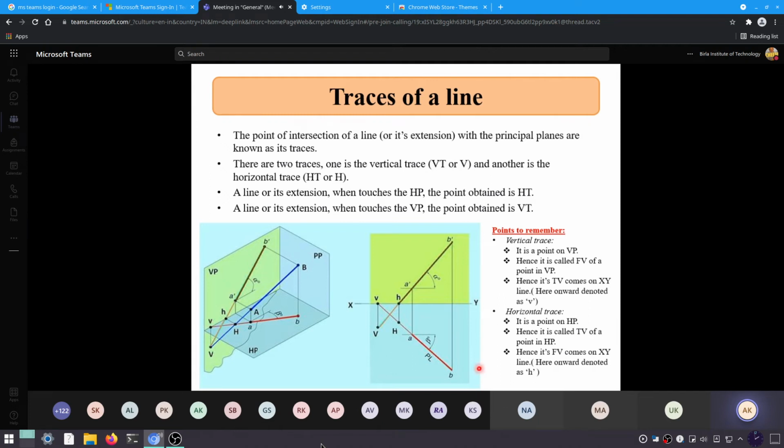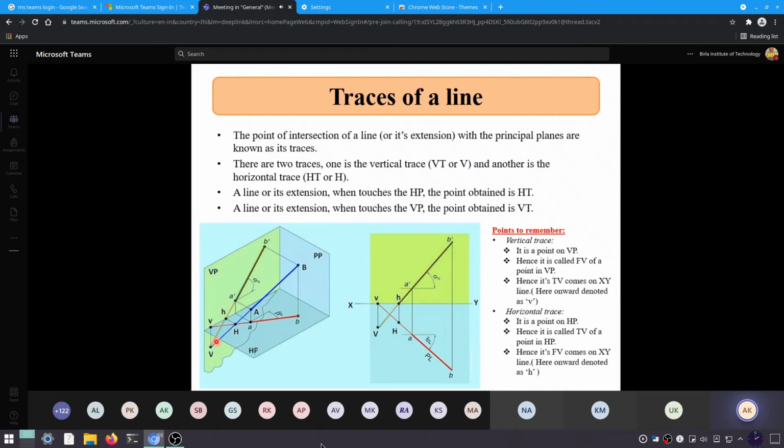Sir, if a line is only inclined to one plane and it is parallel to the other plane, then could there be traces or not? Okay, you're talking about a case in which a line is parallel to one plane and inclined to the other plane, right? So in that case, let's say this line is parallel to VP and inclined to HP.